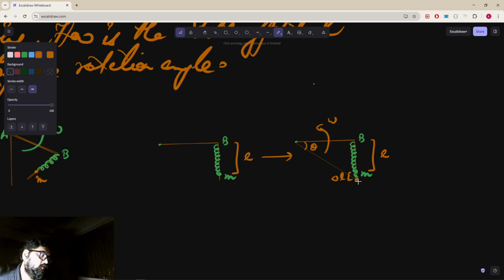Now let me observe this mass m. It is rotating about this point with a radius, let's say, p. Since it is rotating, there has to be some centripetal force on this mass m.